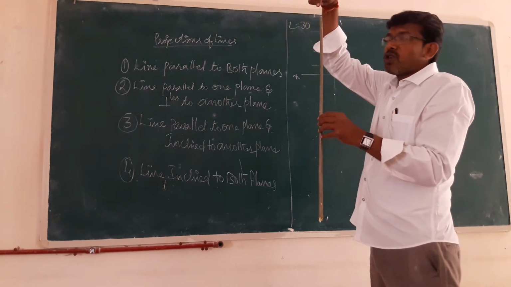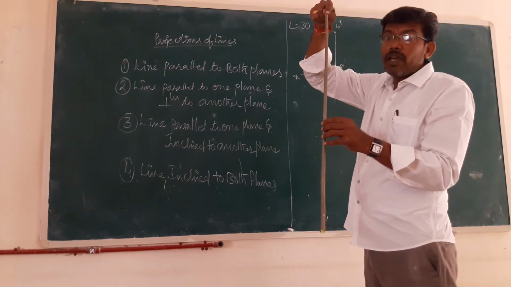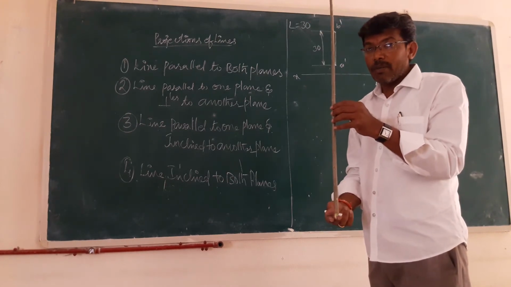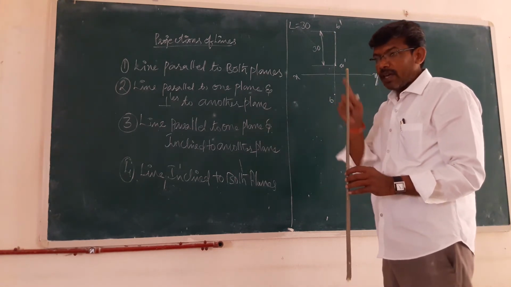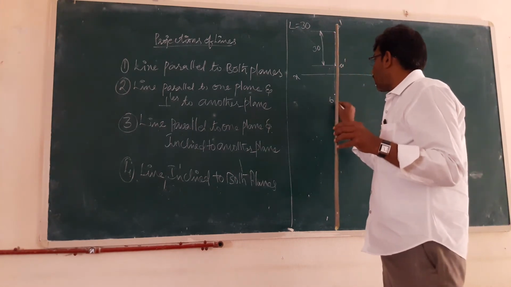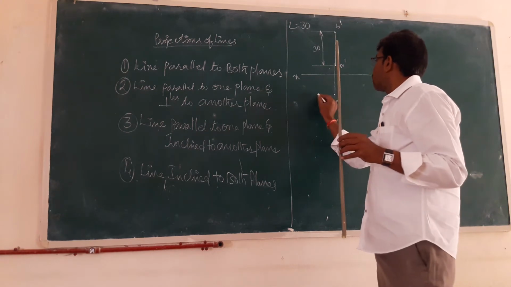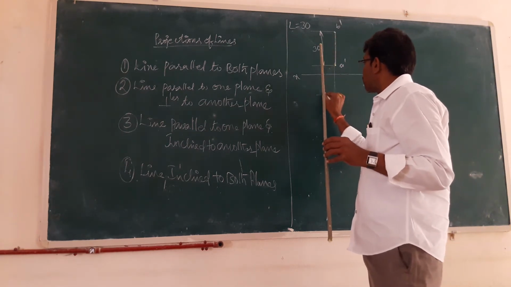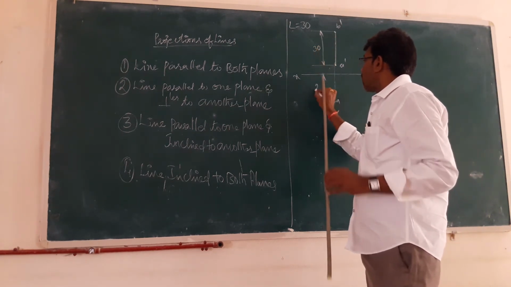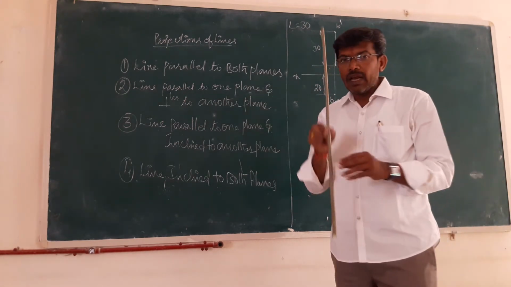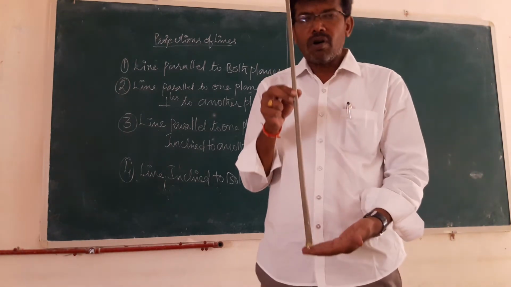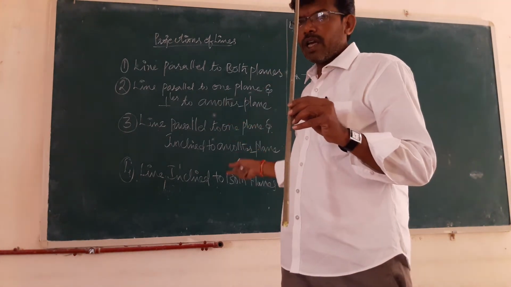When you are seeing from the top, you are looking at only point B here and A is coinciding with B. So you can write the visible point as B and the second one is A, B comma A. Then just extend it and name the dimension as 20. So this is the one condition where the line is perpendicular to the horizontal plane and parallel to the vertical plane.